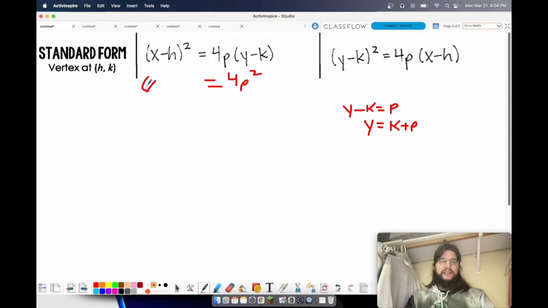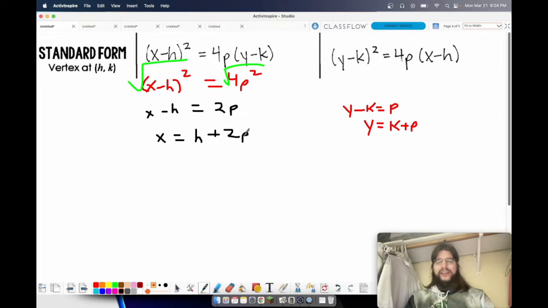This is x minus h still, squared. So we're just going to square root that. And if we do that, we get x minus h is equal to 2p. So x equals h plus 2p.